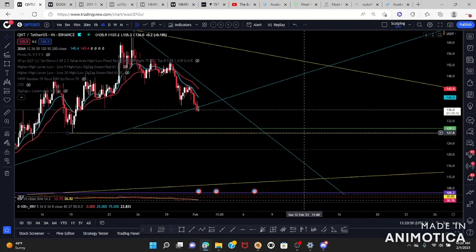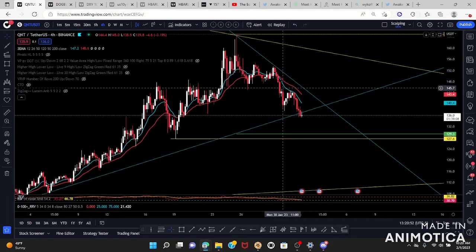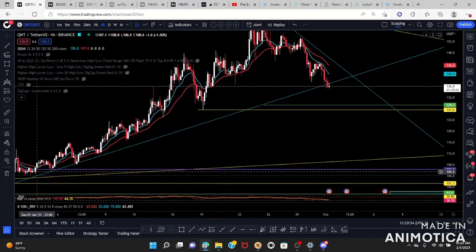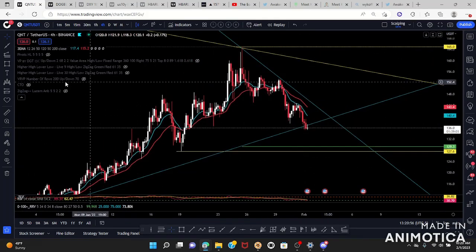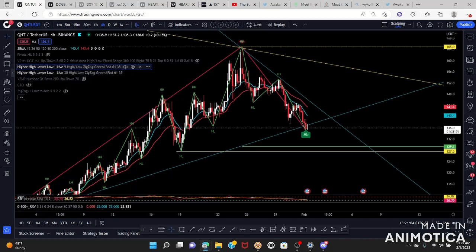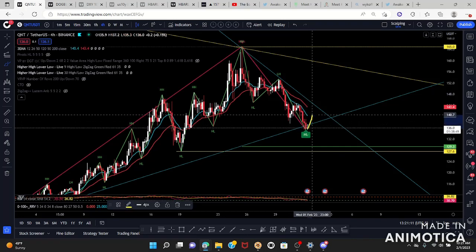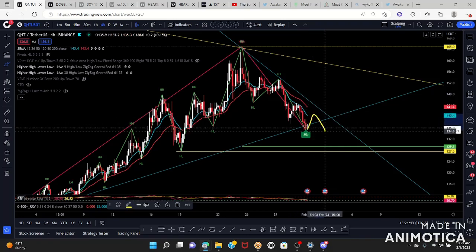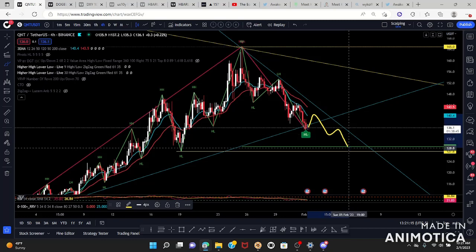So what I want to see, yes, I have my 12 and 26 crossing. I have my 4-hour trend line breaking. But for me to enter a short I want to see a confirmation. Let me show you. We want a lower high printing and then continuation to the downside.